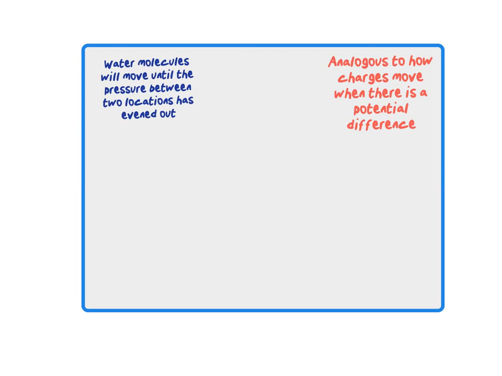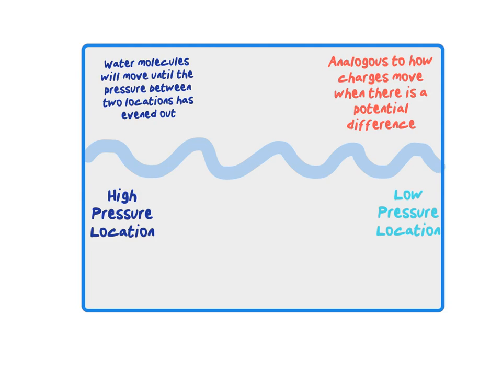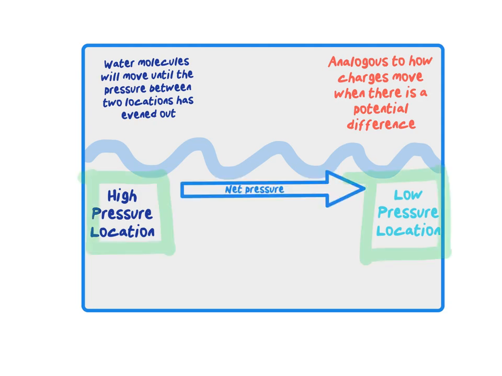When there's a pressure difference between 2 points, there is a net pressure pushing in the direction from high to low pressure. The result is that fluid particles will move when there's a pressure difference. We'll get into this in a lot more detail in an extension video that will come at the end of this 4-part series.